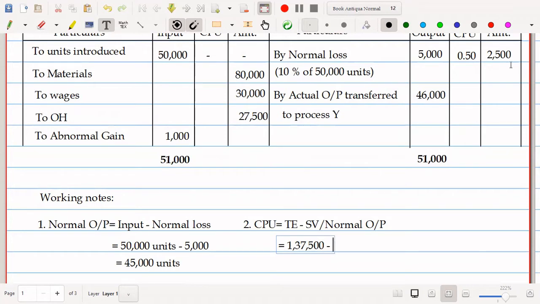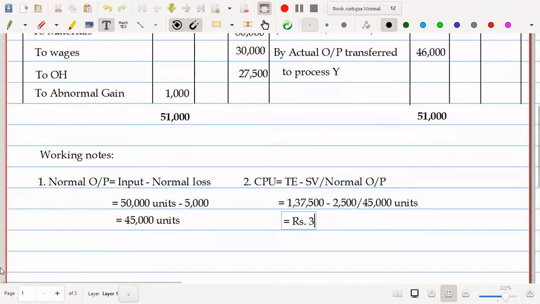Scrap value given here is 2,500. 2,500 divided by the normal output we have calculated here, that is 45,000 units. Let's calculate this and see what the answer is. It comes to rupees 3. So this is the CPU we got.